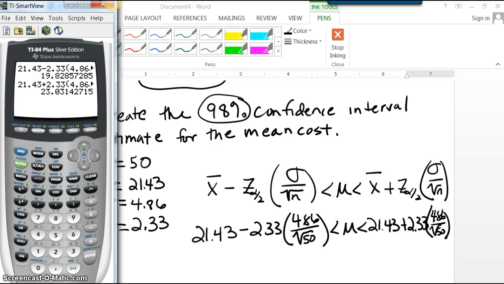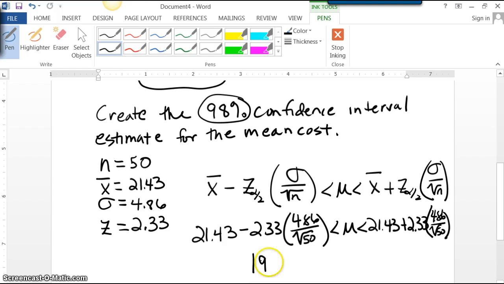So $19.83 and $23.03. And we're estimating mu to be between those two amounts. And we're 98% confident that we've captured the true mu in between these two dollar amounts.